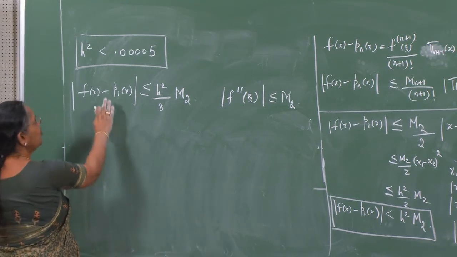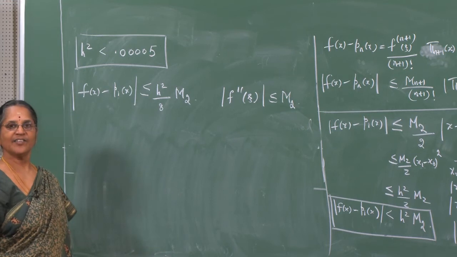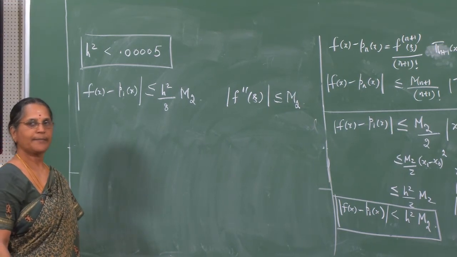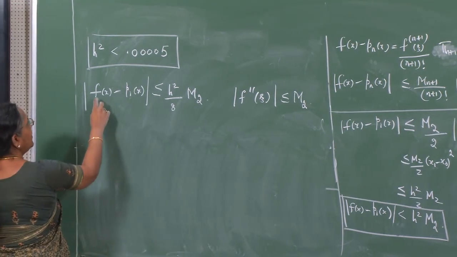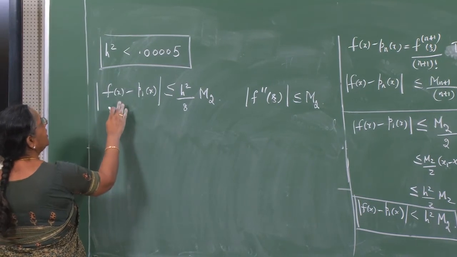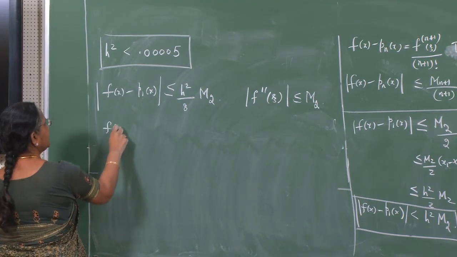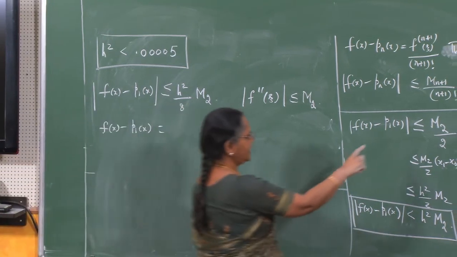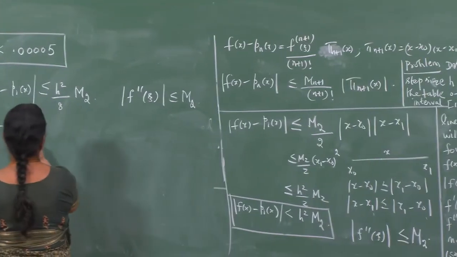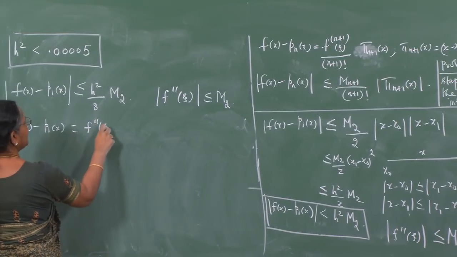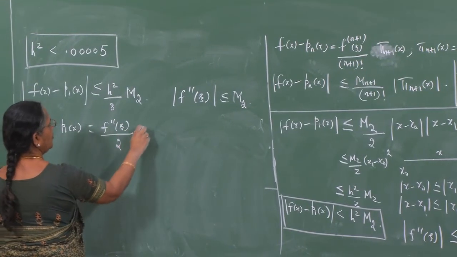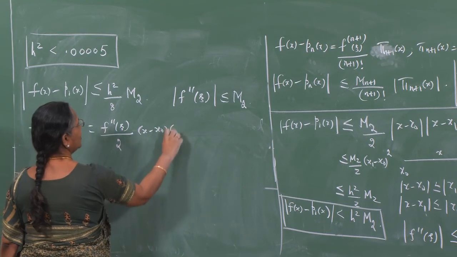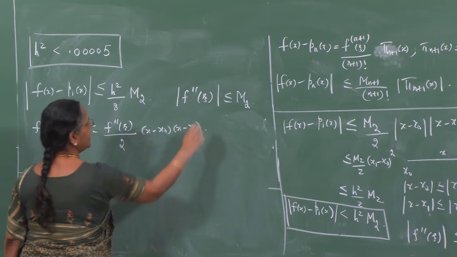So, let us prove this result in the case of linear interpolation. So, what do we know about f of x minus p1 of x? We already have worked out the details. That is going to be f double dash of psi by factorial 2 into x minus x naught into x minus x1.